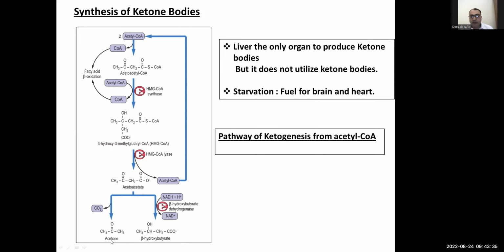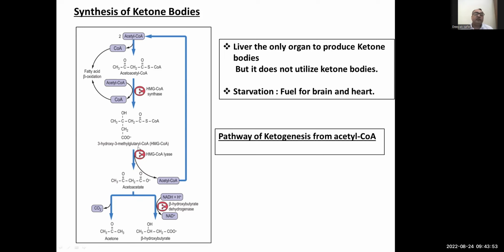These two, acetone and beta hydroxybutyric acid, are derived from acetoacetate. That's why we sometimes call them the secondary ketone bodies, whereas acetoacetate we call the primary ketone body.